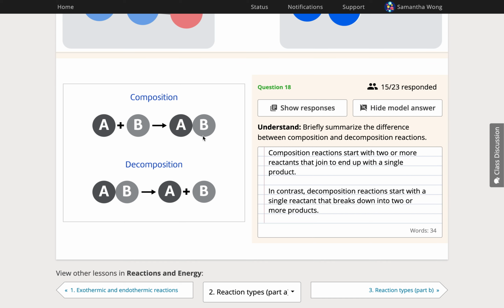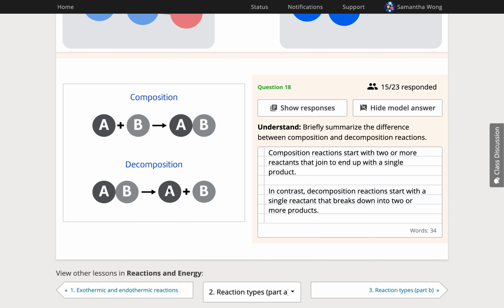An example for a decomposition reaction could be if you are taking apart an omelette just to see what the chef has used in it. So you're presented with an omelette.